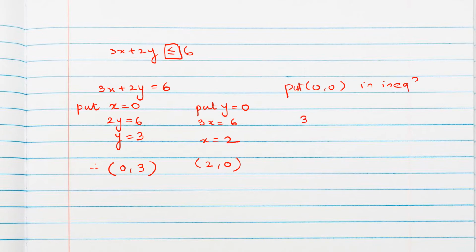If you substitute, 0 plus 2 times 0, y value 0, x value 0, so that is 0, and 0 is less than 6, so this is true. That means the solution region of this particular inequation should contain the origin. That means the solution area will be towards the origin. Now we will check on the graph.